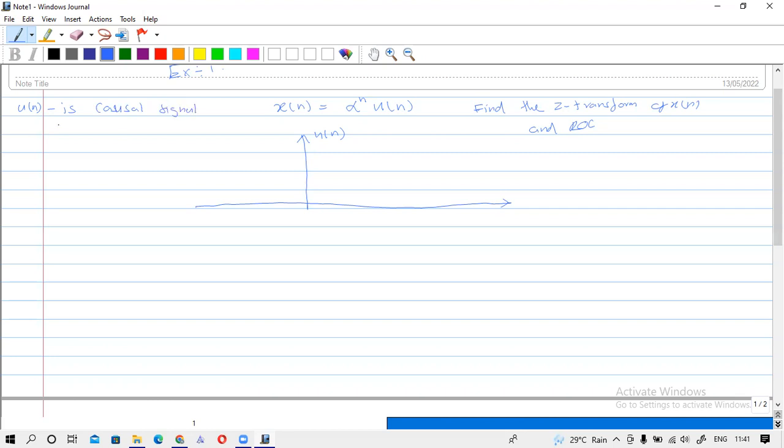That means it has only plus-sided values, only plus-sided samples. That is what is meant by causal. If we have minus-sided samples only, that is an anti-causal signal.